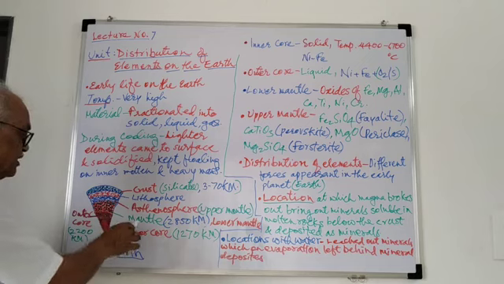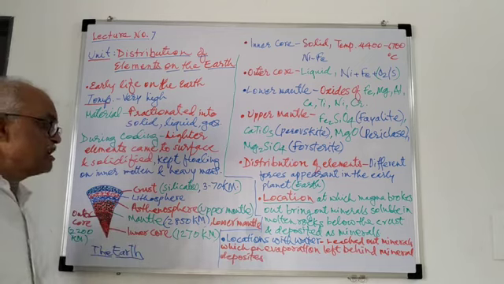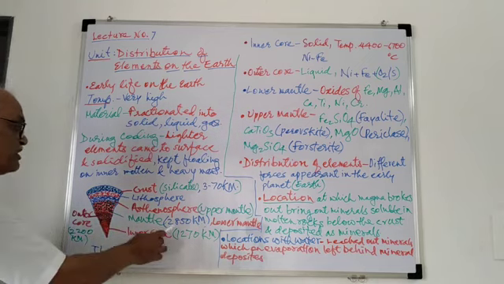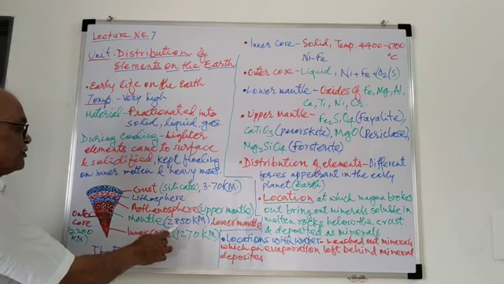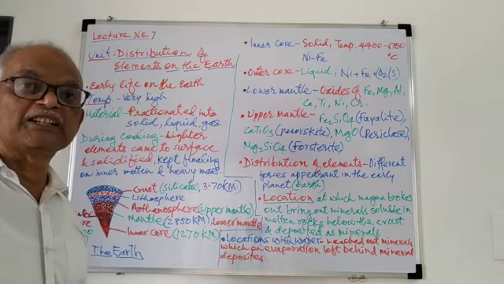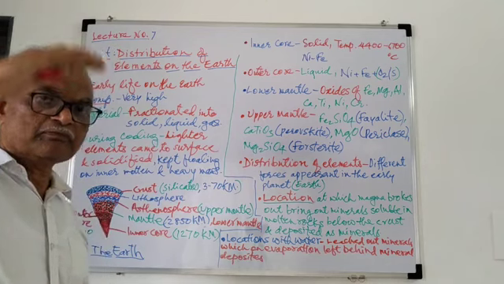Then below that layer is the lower mantle, which is 2850 km in width.